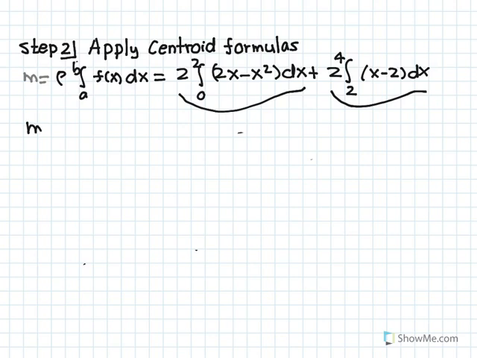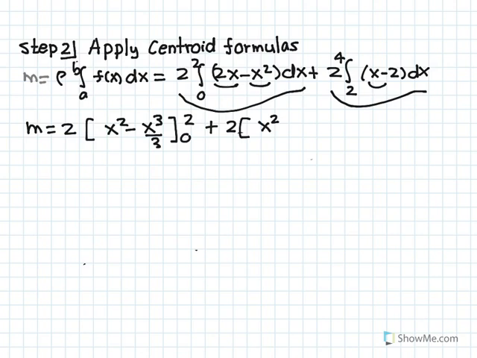So now let's integrate. Mass is equal to 2 times: the integral of 2x is 2x squared divided by 2, reversing the power rule, so the 2's cancel out and we get x squared. The integral of x squared is x cubed over 3, evaluated from 0 to 2. Plus 2 times: the integral of x is x squared over 2, and the integral of 2 is 2x, evaluated from 2 to 4.